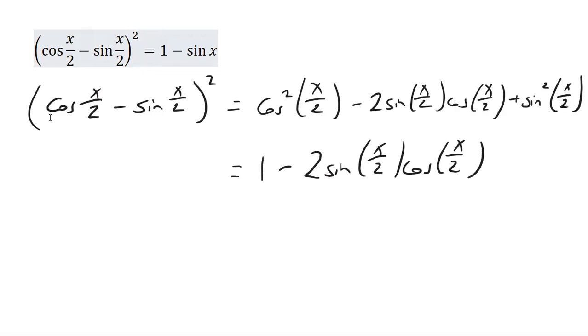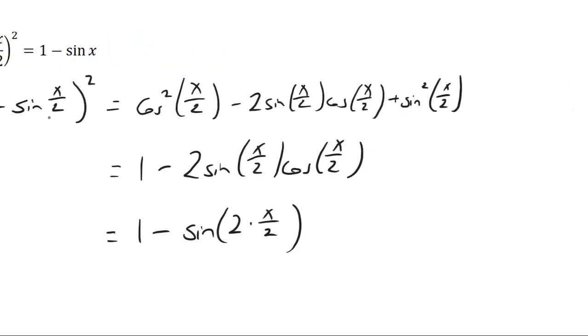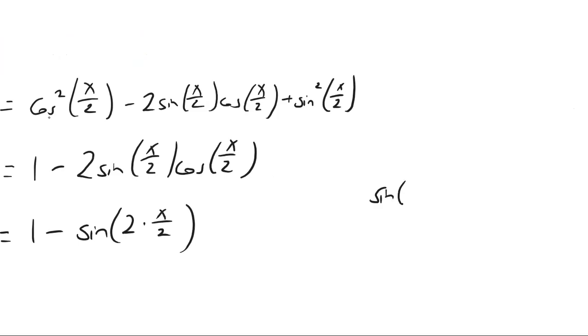What can we do? Does this look any bit familiar? Look at your identity sheet if you have one. This is a double angle formula. 1 minus sine of 2 times x over 2. Because sine of 2u is 2 sine of u cosine of u.